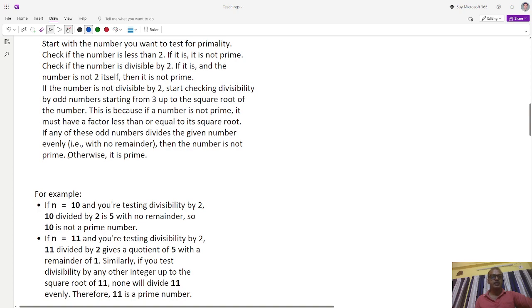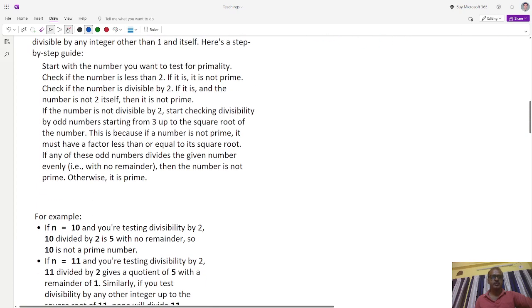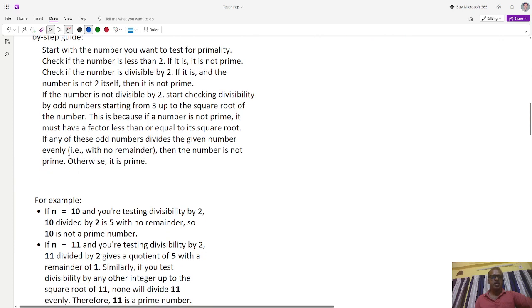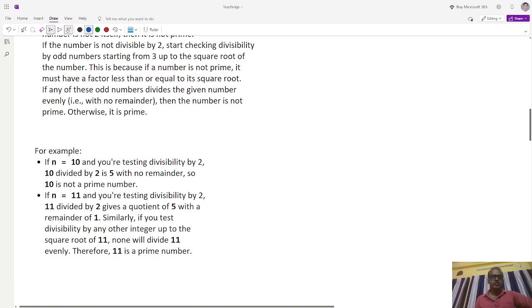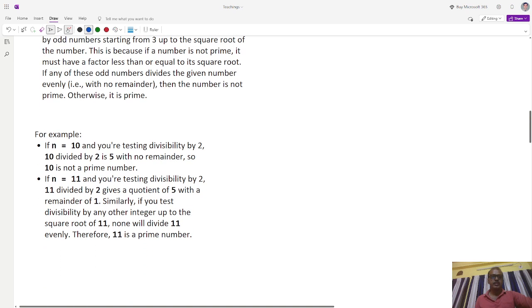For understanding these steps, I am going to discuss an example. If n equals 10 and you are testing divisibility by 2, 10 divided by 2 is 5 with no remainder, so 10 is not a prime number.